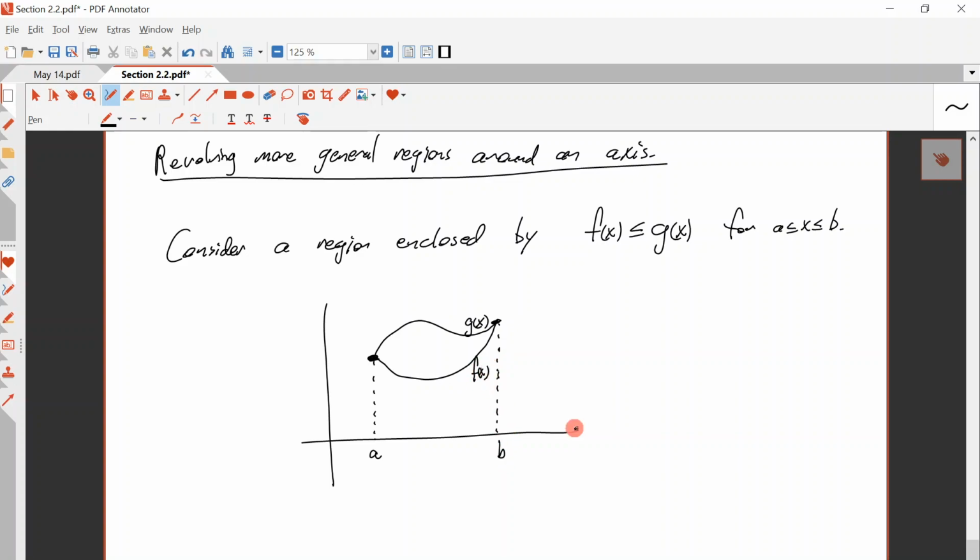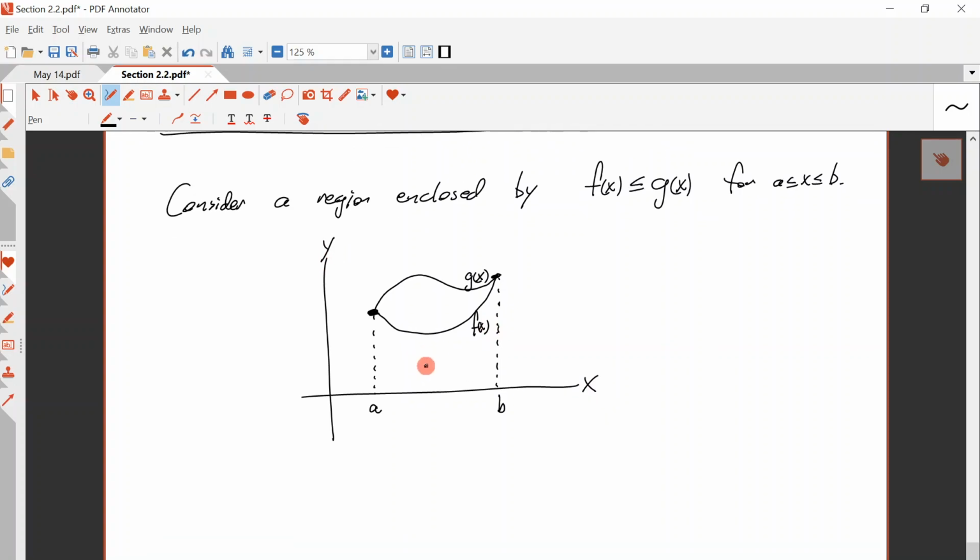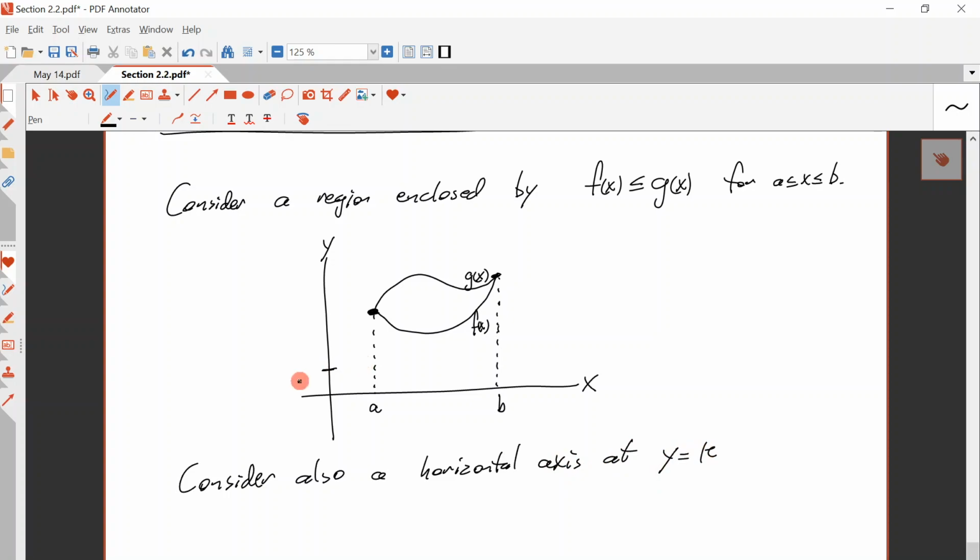Consider a horizontal axis, so not necessarily the x-axis. Consider a horizontal axis at y equal to k. So if this is k, here's that axis.